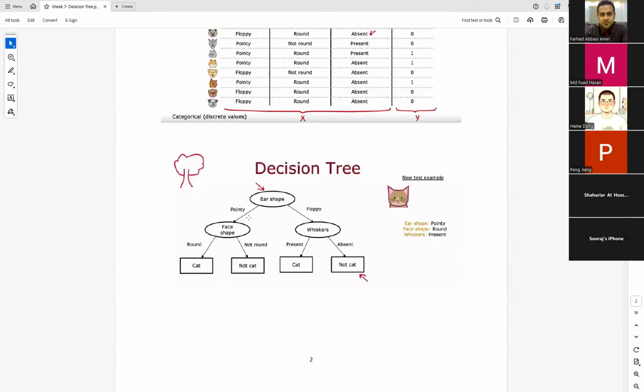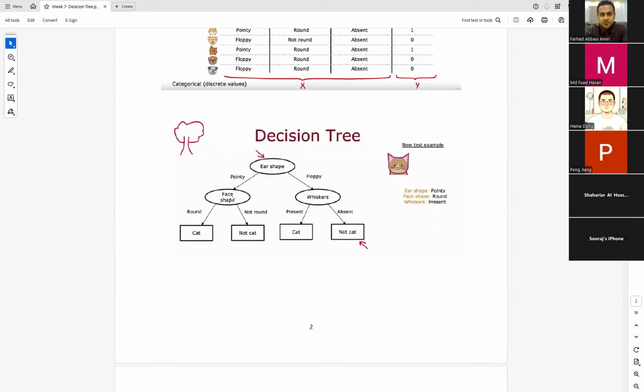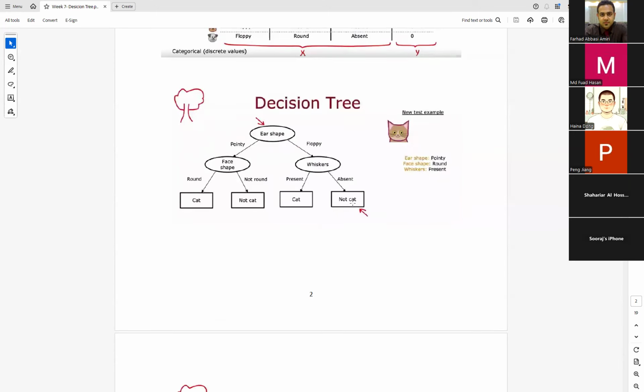As you can see, these 3 nodes are filled by these features. And on the last nodes, you can see that the decision is made: cat or not cat. And you have 2 branches, the left branch and right branch.